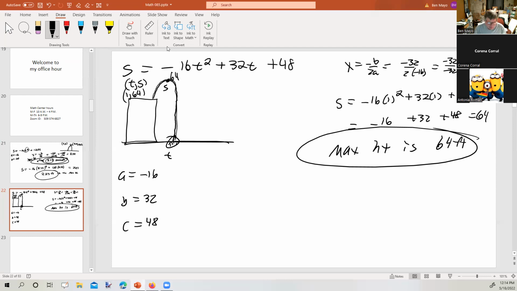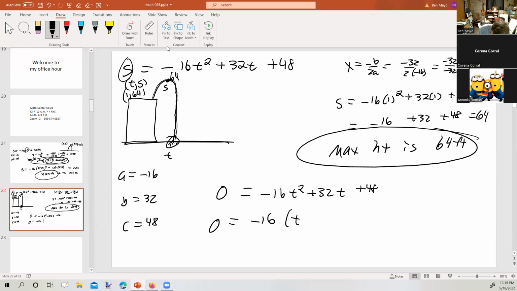Okay. Well, how do I find when the height is 0? Oh, you set this equal to 0. Oh, and then you solve that thing. Okay. Either by using the quadratic formula or factoring it. I'm going to use factoring because I can factor out a negative 16, and because it'll take less time.